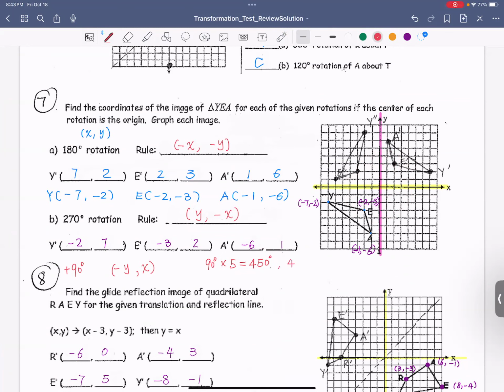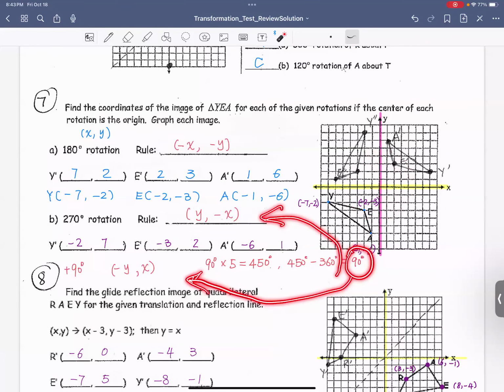So 450 minus 360 is the same as 90 degrees. When you have a number greater than 360, you definitely want to subtract 360. If one time is not enough, you subtract again to change it to be 90 degrees or 270 degrees, to be easy to apply these two rules we learned.